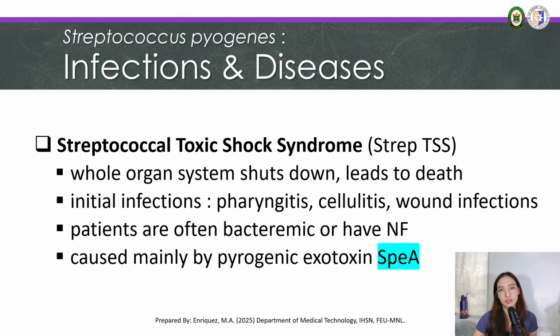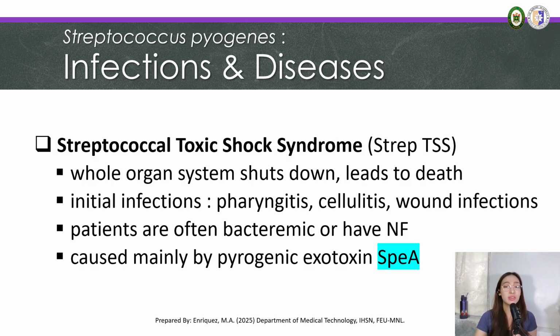Group A strep associated with streptococcal toxic shock syndrome produces a streptococcal pyrogenic exotoxin, notably SPEA. Okay, so these toxins likely play a major role in the pathogenesis of this disease, functioning as superantigens, leading to the overstimulation of the immune response, resulting in excessive cytokine production.